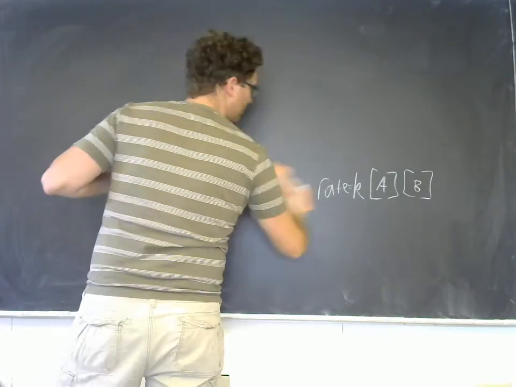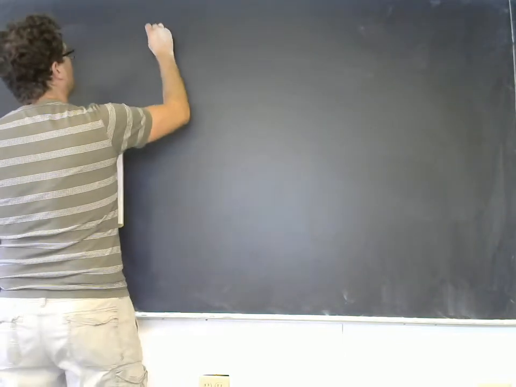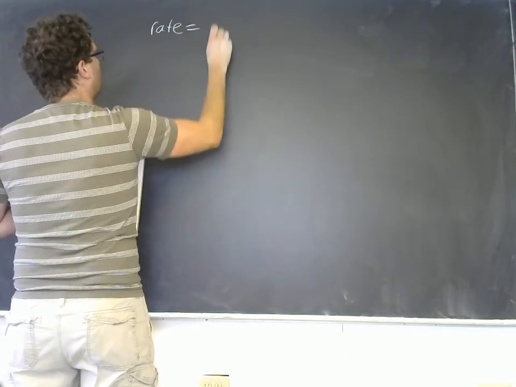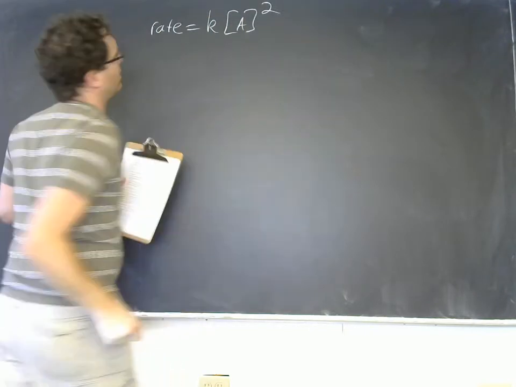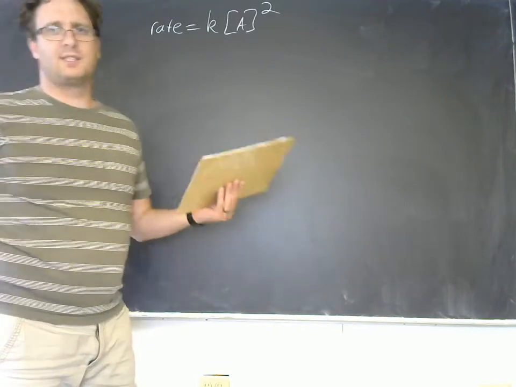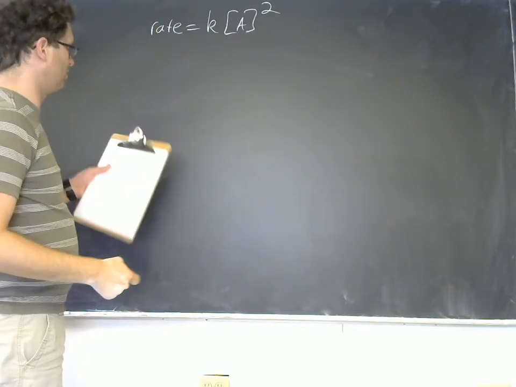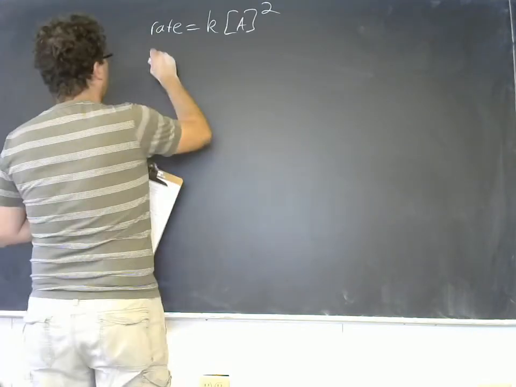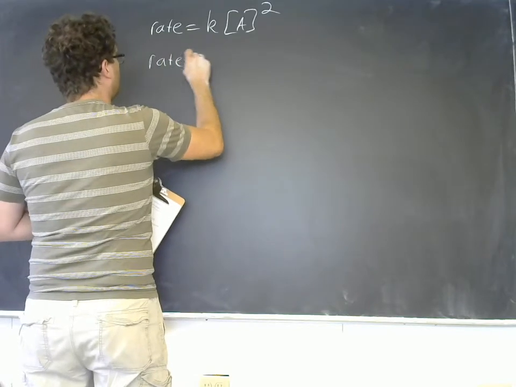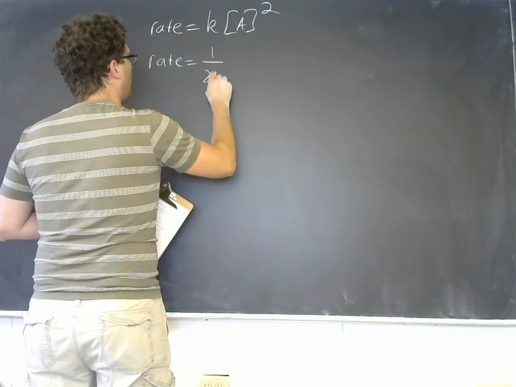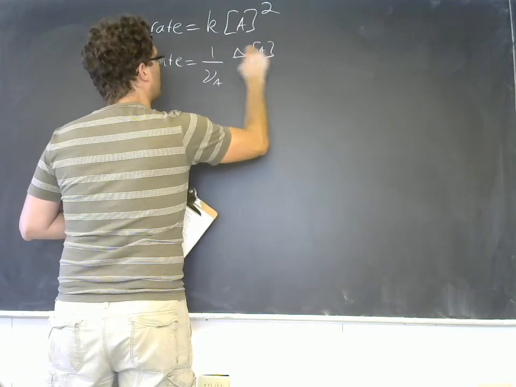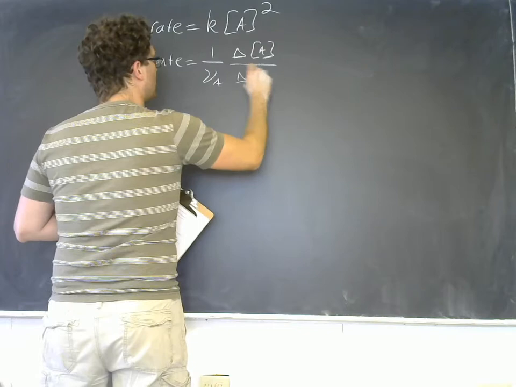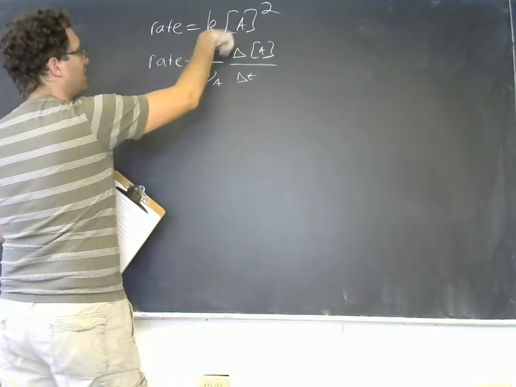So if I have that definition of a rate law, I know that the rate is going to equal k A squared, for example, for a reaction which is 2nd order with respect to A. And I know that the rate is equal to 1 over nu A times the change in the concentration of A over the change in time. Well, I can set these two equal to each other.